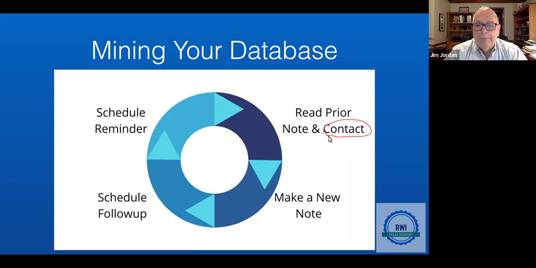And that contact might be by phone, might be an in-person meeting, might be an email, but some way you're going to reach out to them and contact them. And then there's going to be a result from that contact, something that you talked about, some interaction that you had with them. So from your contact, you're going to go down here and make a new note about what happened during that contact.